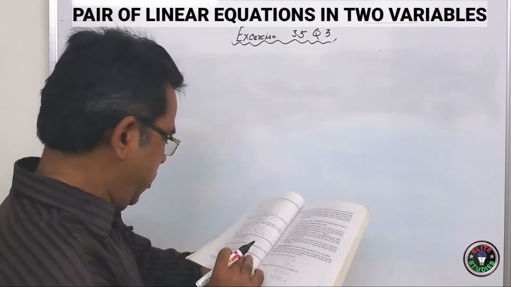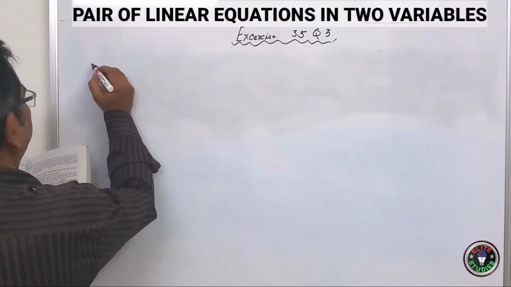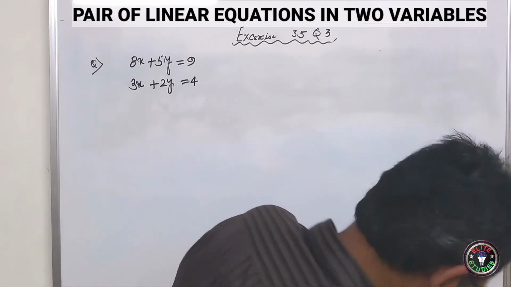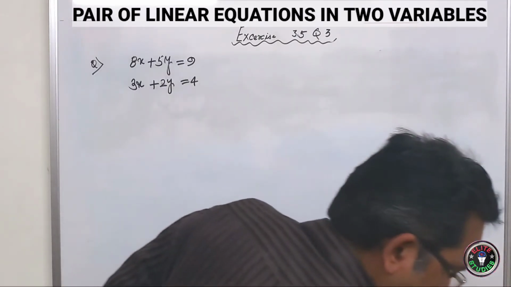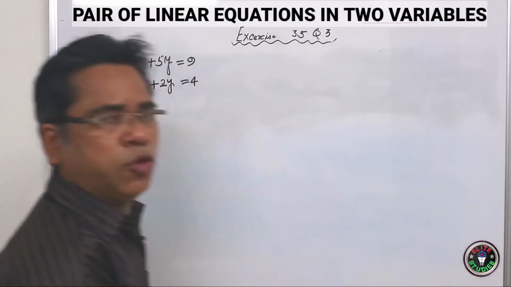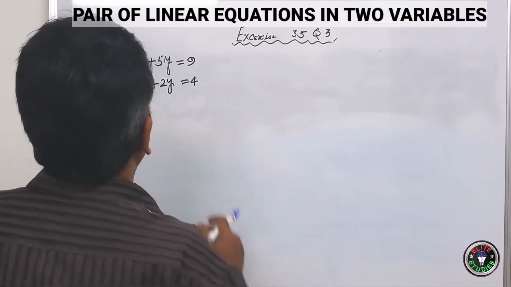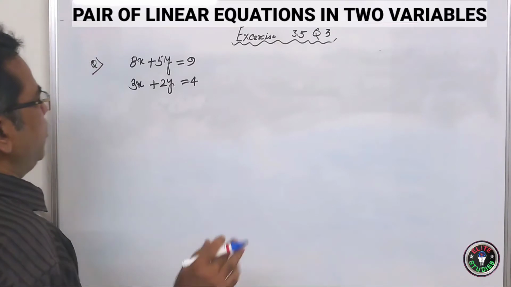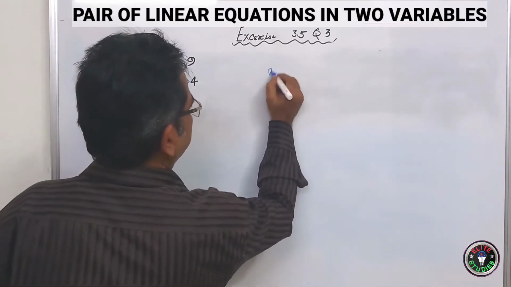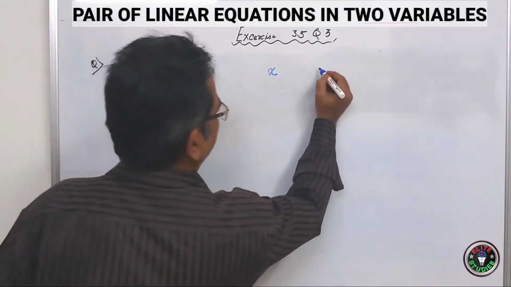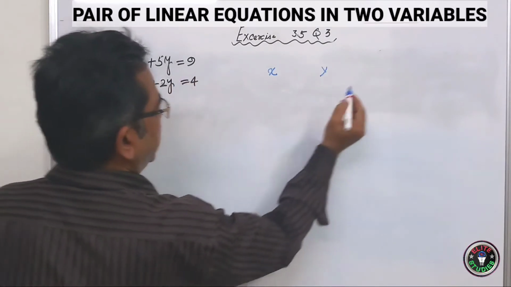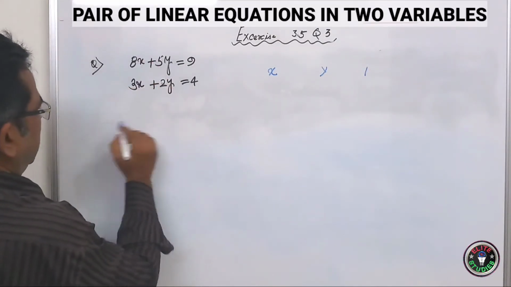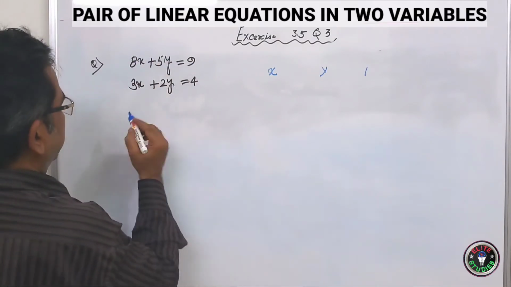Now let us try one more question. This is the given question, and we will try to solve it by the cross multiplication method. Simple, what you do, you write first x, then you write y, and then you write 1. But before doing this, you have to convert the equations like this.